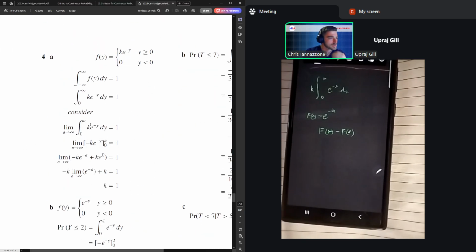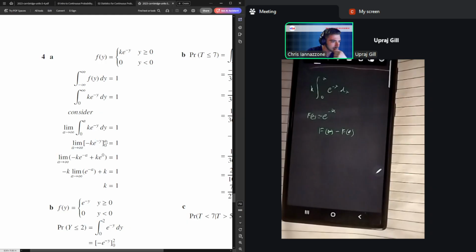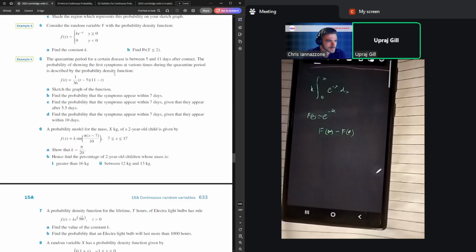This is what the book's written: they've chucked in a limit first, then done the antiderivative using the alternative notation, and just kept the limit the whole way through. If you want to use that, you can, but I feel like that's excessive. Yeah, makes sense.